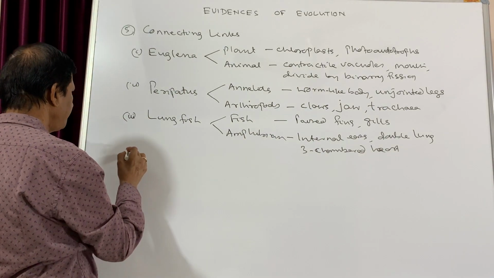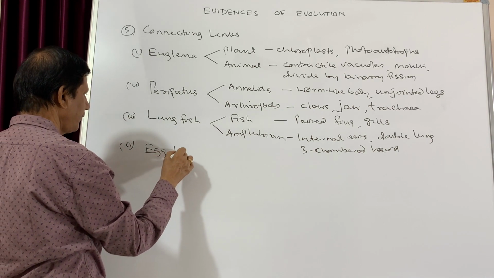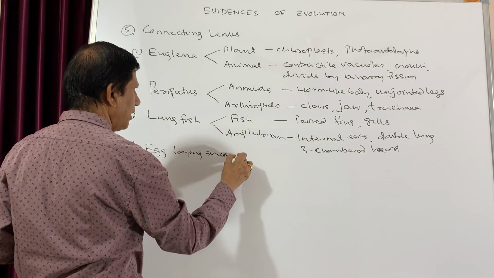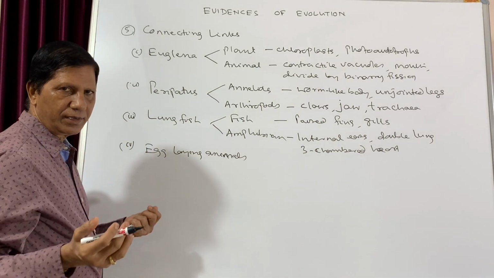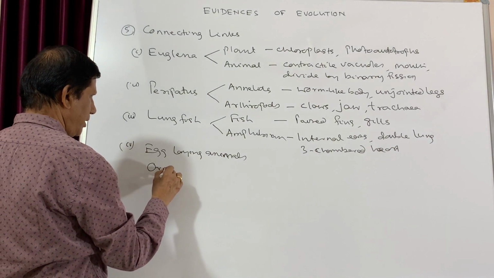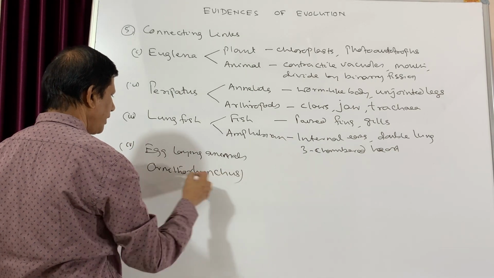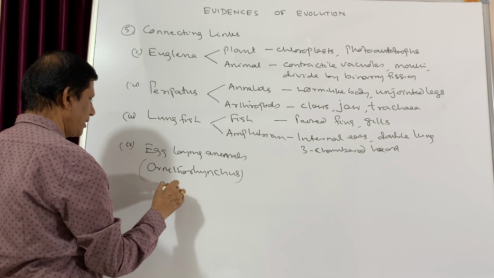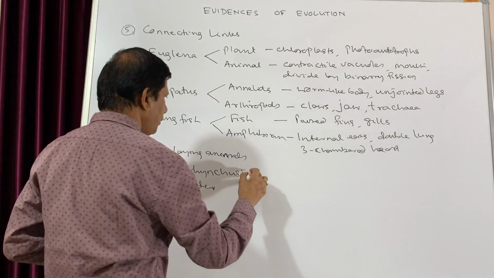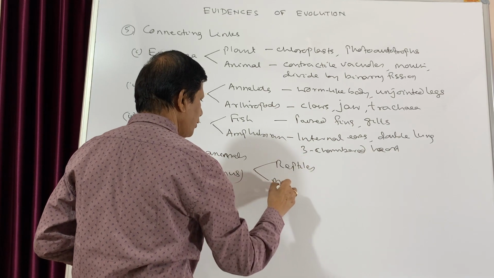Then the fourth example is that of the egg-laying animals, and one such example we can take is Ornithorhynchus. This is usually called the anteater. Now it has similarities both with the reptiles as well as mammals.